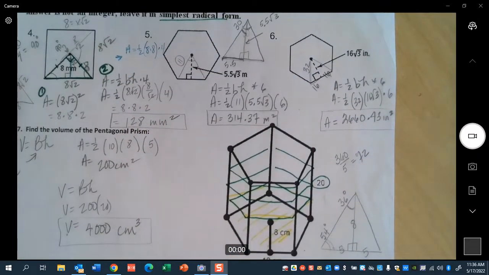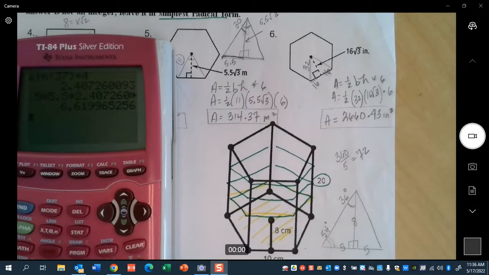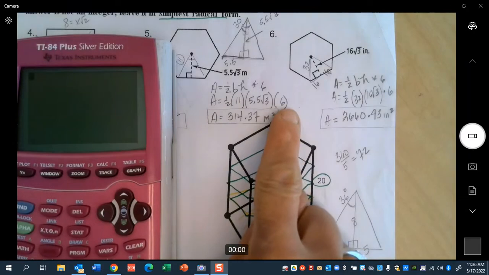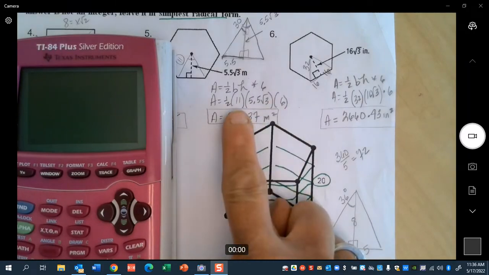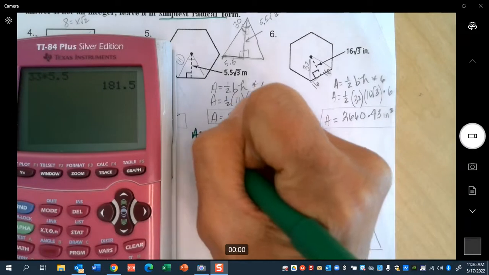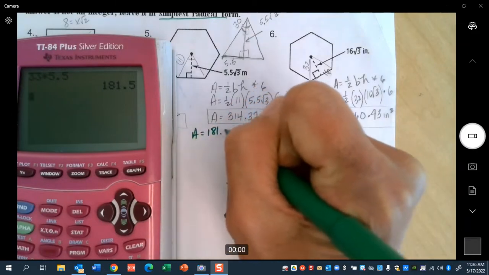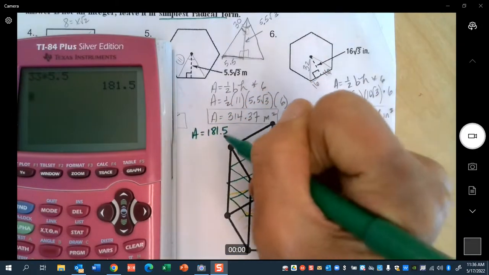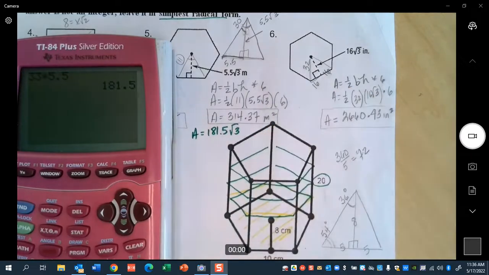So if I wanted to do this one in simplest radical form, I would have to do 1/2 of 6 is 3. 3 times 11 is 33. 33 times 5.5 is going to be equal to, this answer would then be 181.5 roots of 3. Do you like that better?